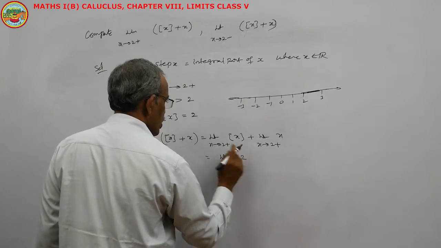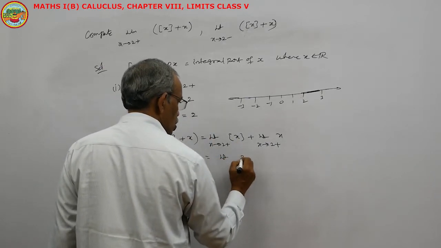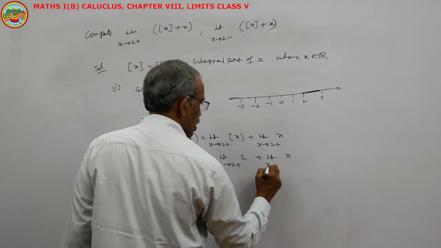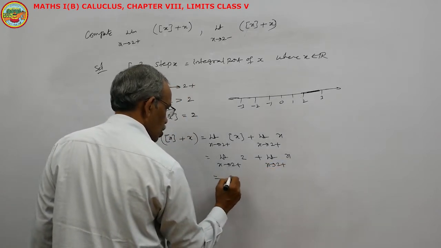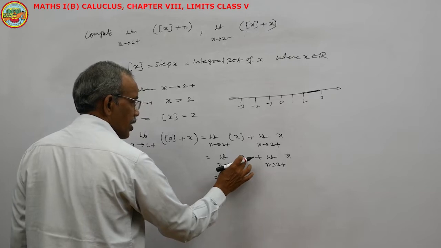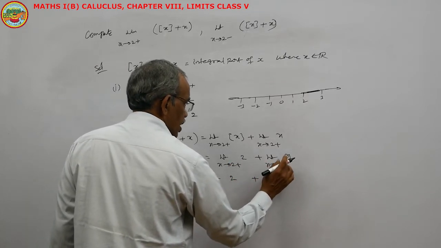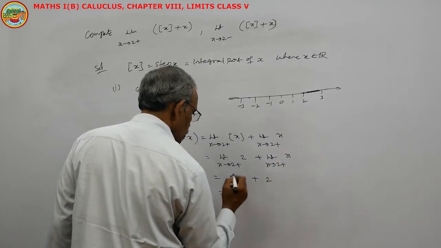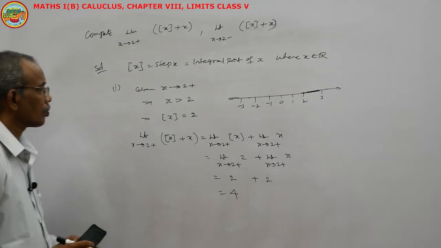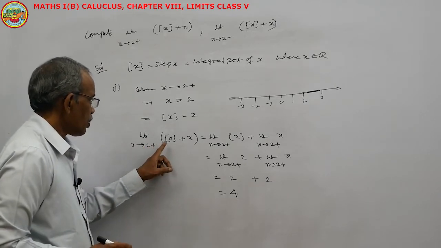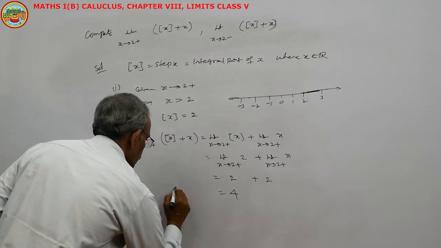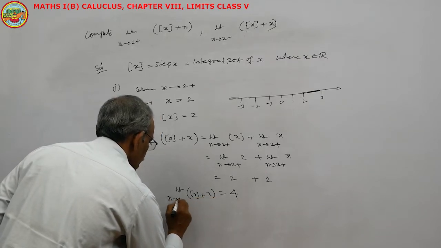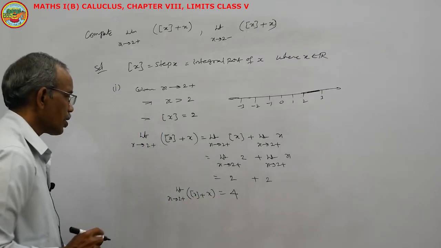Here step x is equal to 2, so we write 2, plus limit of x as x tends to 2 plus, which is 2. 2 is a constant, so 2 plus 2 is equal to 4. Therefore, the limit of step x plus x as x tends to 2 plus is equal to 4.